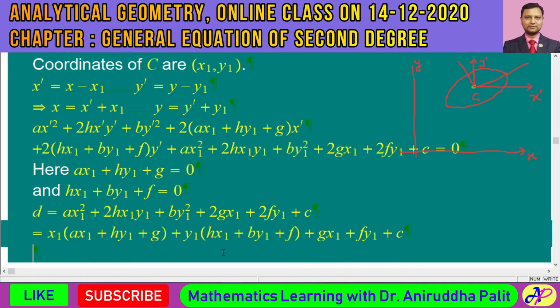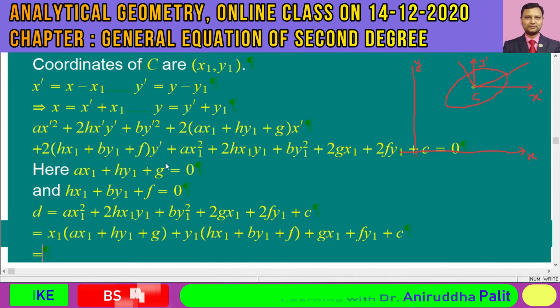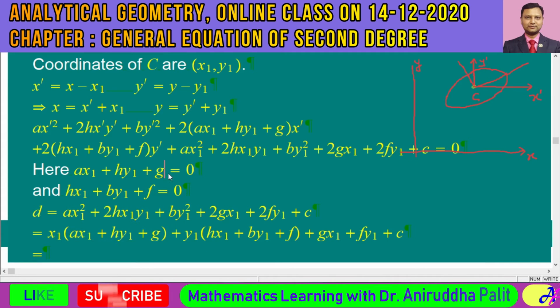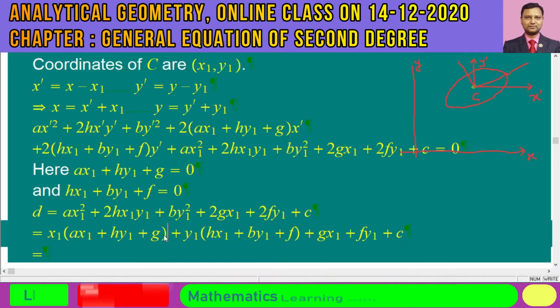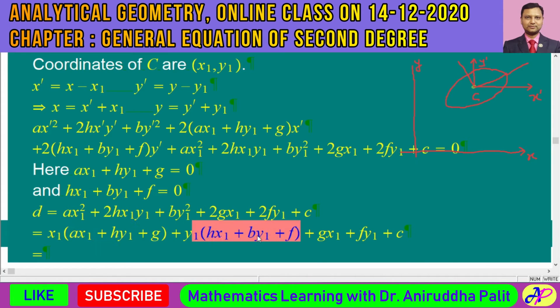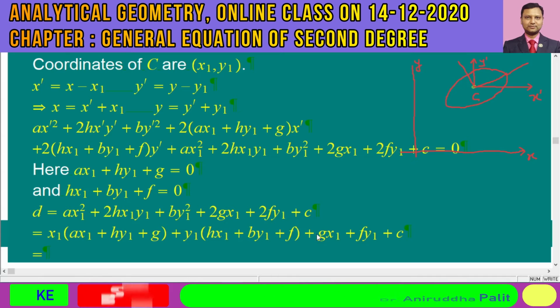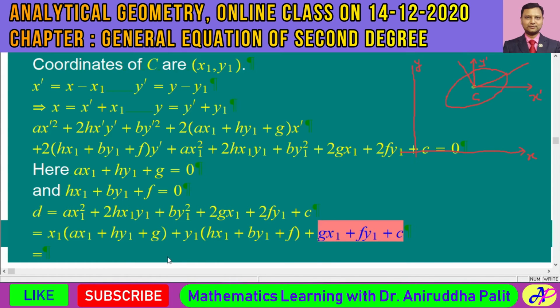Now after putting this expression equal to 0, because of this type of results, and this expression equal to 0, we shall have only this much expression.